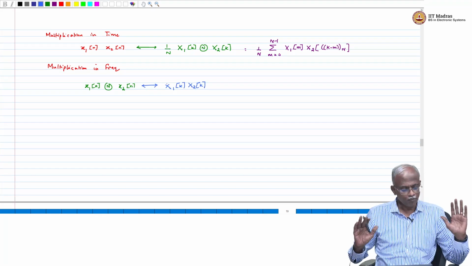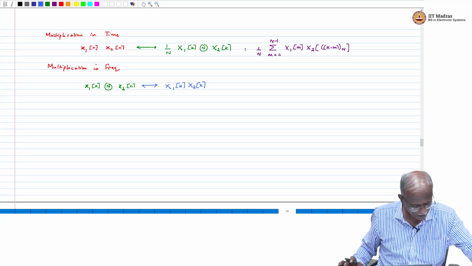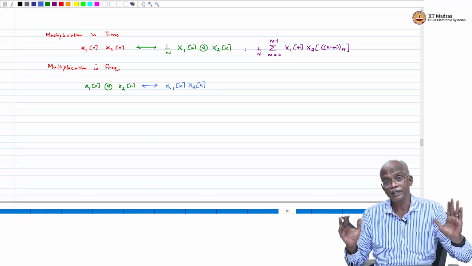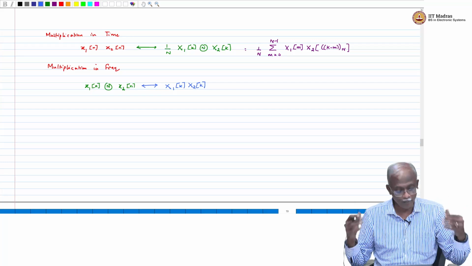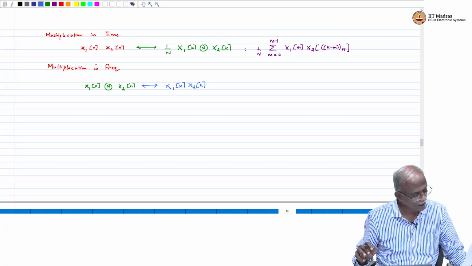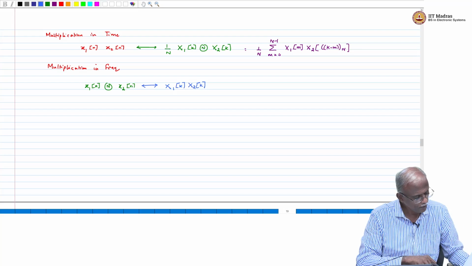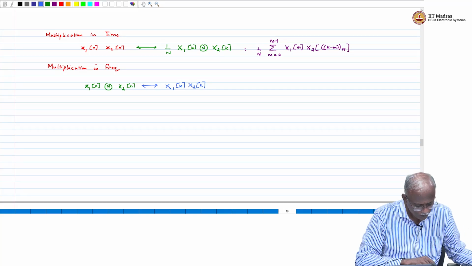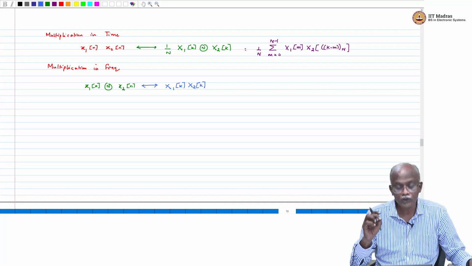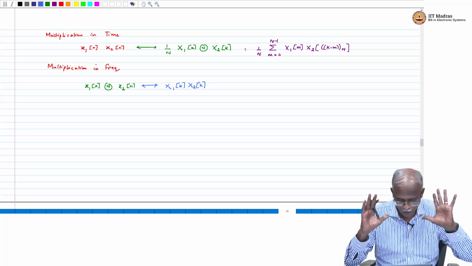These are the two important properties, and they will come into play in many places and in many ways. So this is important for us to be able to capture and also to be able to apply.